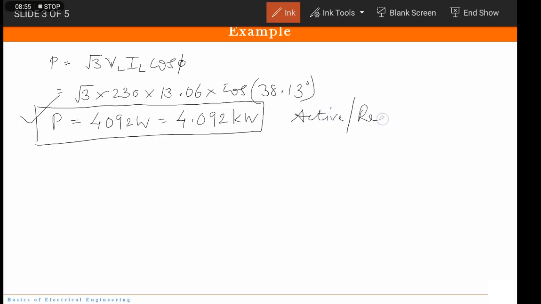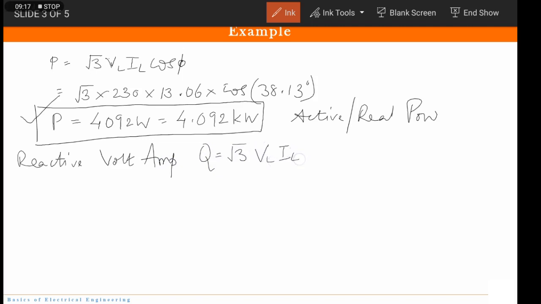Active or real power. Now we need to find out reactive power, which is also represented by volt ampere, and it is represented by Q. How do we write the equation for it? √3 VL IL. Instead of cos phi, we have sin phi.